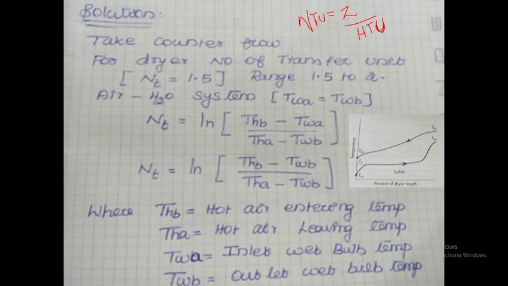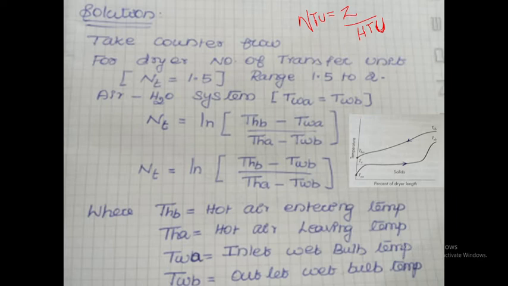Number of transfer units is defined as the ratio between the height of the tower and the height of a transfer unit, that is Z by HTU equals NTU. Are you clear or not? Okay, NTU or NT is the same term, the number of transfer units. But our system is an air-water system.